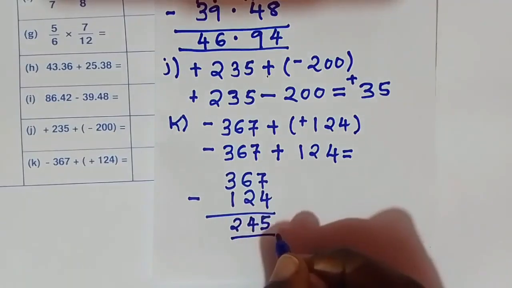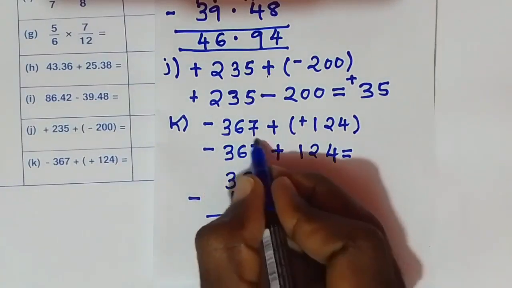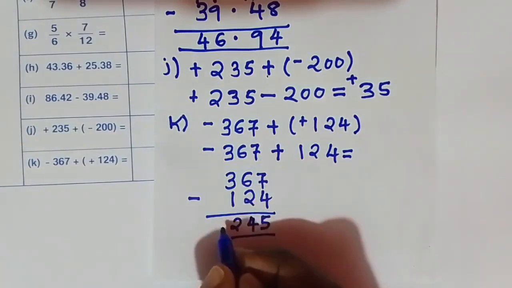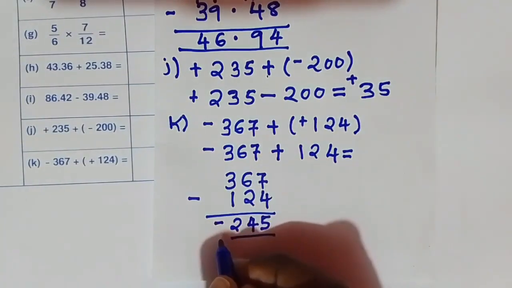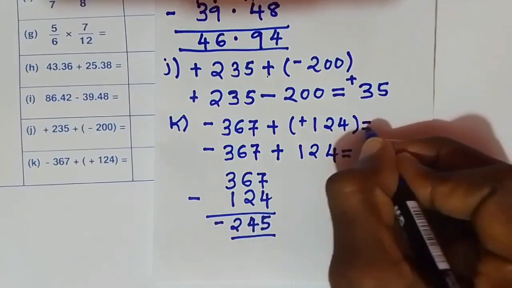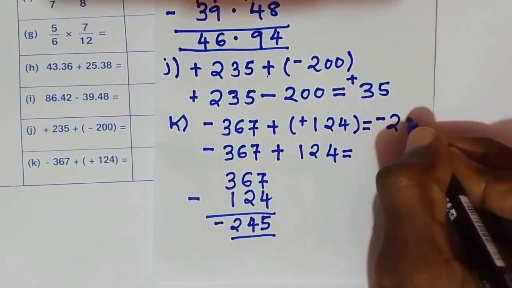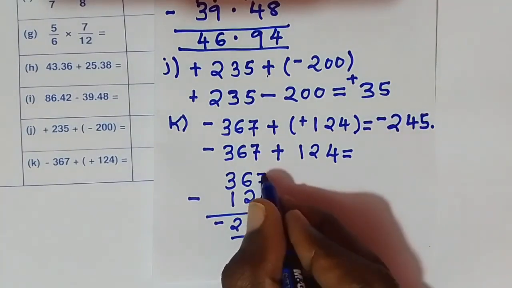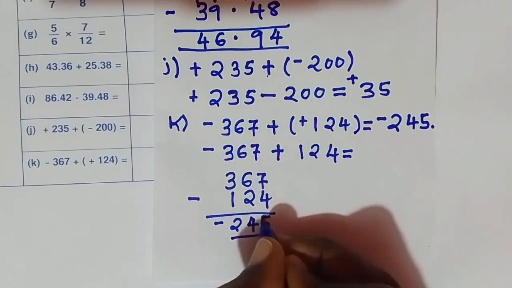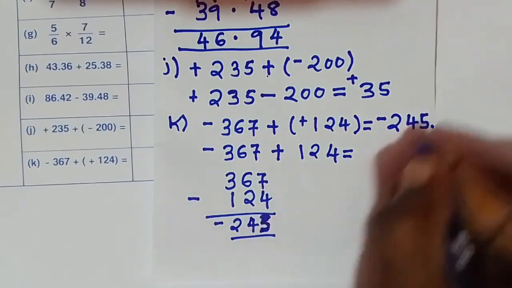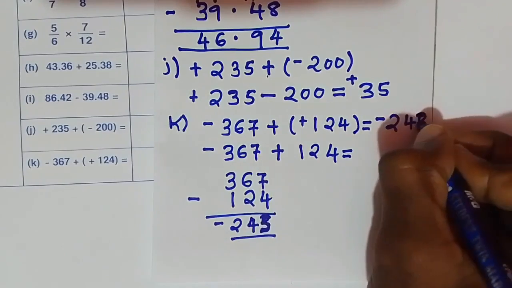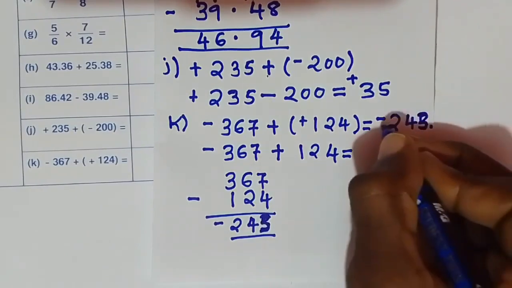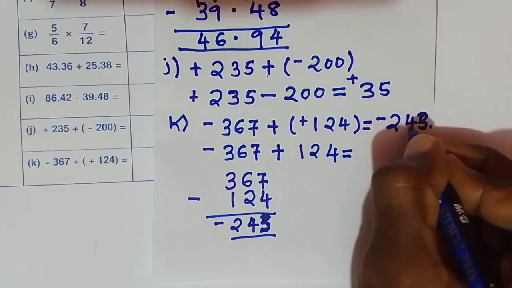But remember, since negative has more quantity, the answer is going to be negative. So our answer is negative 245. Point of correction, here 7 take away 4, it is 3. So this is 3. The answer is negative 243.